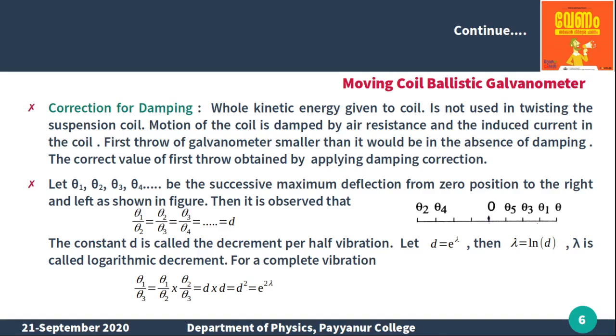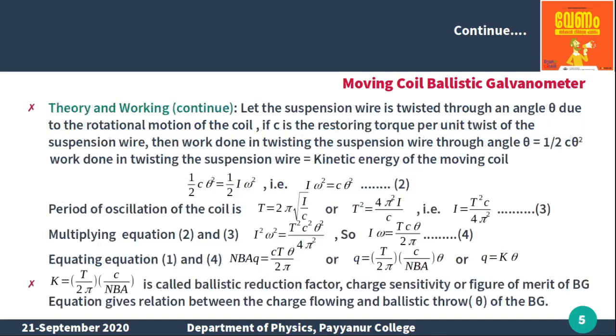Actually, that may not be the case. The whole kinetic energy given to the coil cannot be used to twist the suspension, because the motion of the coil is blocked by air resistance, and also some current is induced in the coil. So what's the problem? We equated, thinking that the whole kinetic energy is used for twisting the suspension wire.